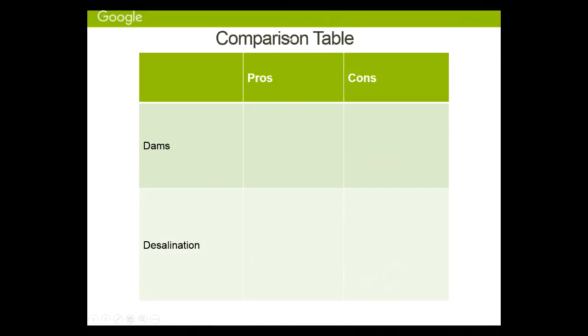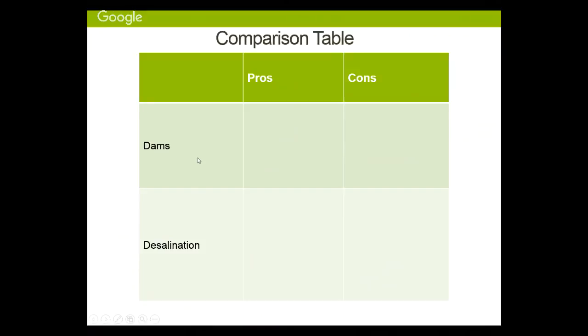So what I'd like you to do is be able to compare the pros and cons of the dams and the desalination process. So remember, dams fill up an area, so I want you to think about what can happen to the environment when you dam up an area.